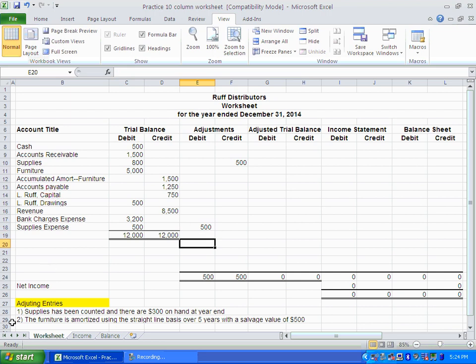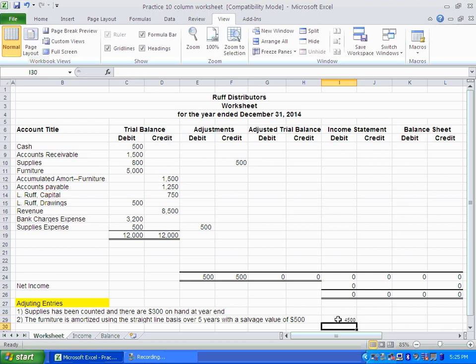Okay, now on to the next one. Furniture is amortized using the straight line basis over 5 years with a salvage value of $500. What that means is we're going to have to make a little formula here. I'm going to say equals $5,000 minus 500, and that gives me $4,500.